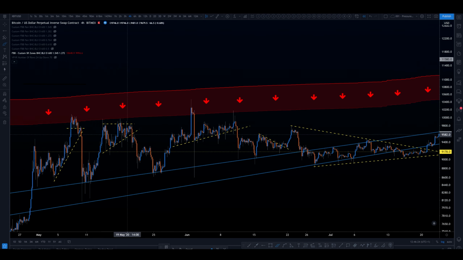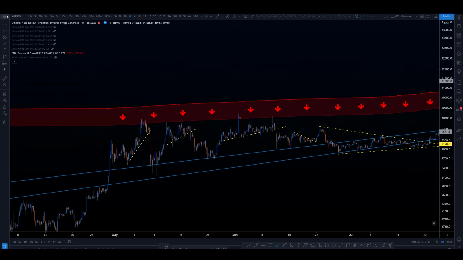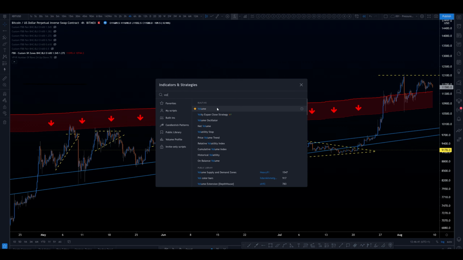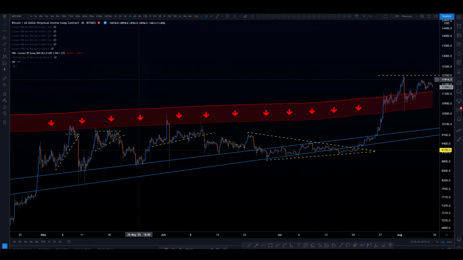So the first thing to take note of is that price volatility is decreasing. The moves are becoming smaller. If we look at volume in this example, let me show you this. If we look at volume, why isn't it showing yet?